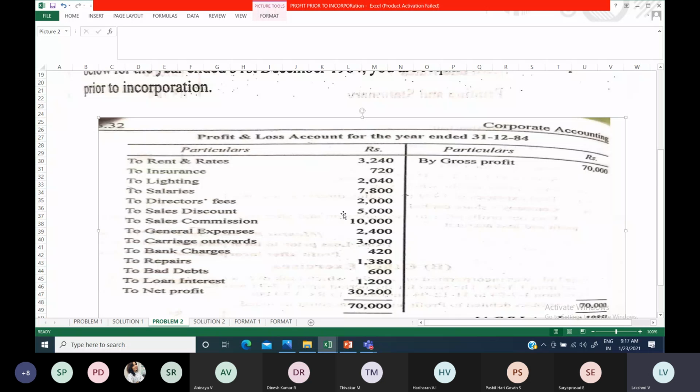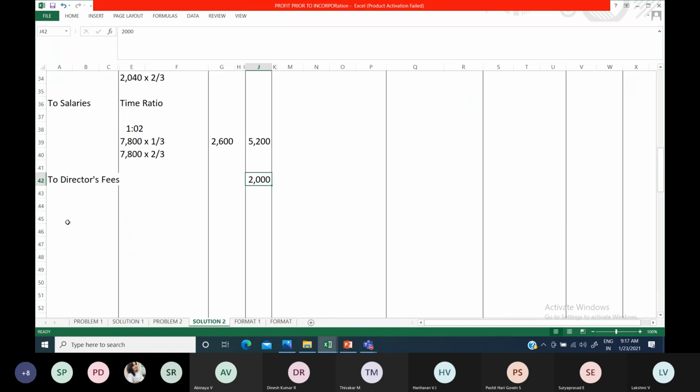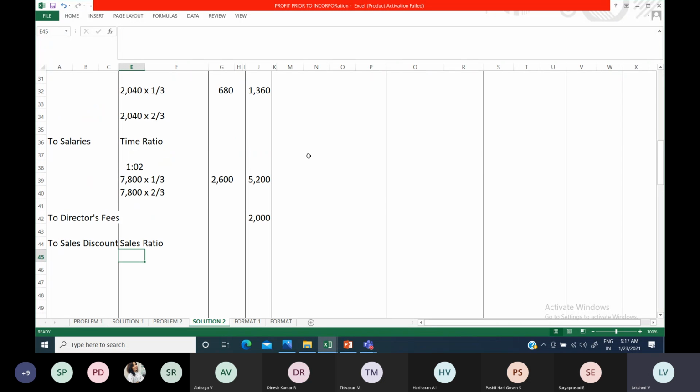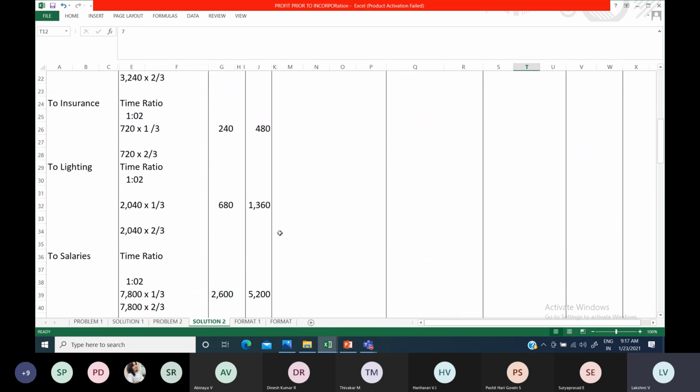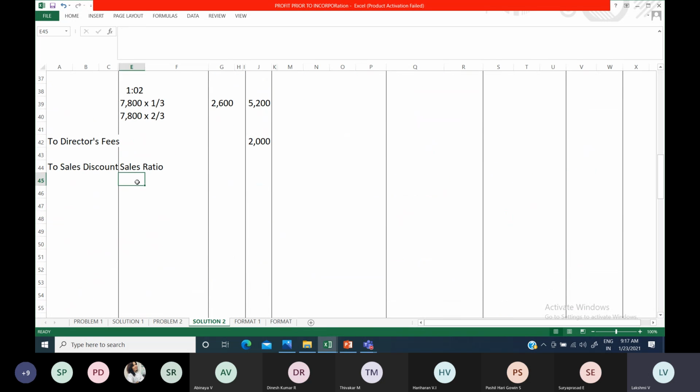So sales discount 5,000. It will be done based upon sales ratio that you have to mention. Just find out how much your sales ratio is. Sales ratio is 3:7, so you just mention that 3:7 here.